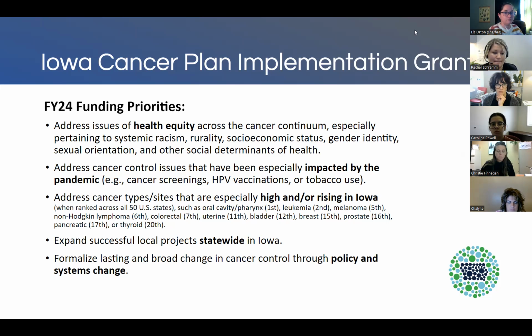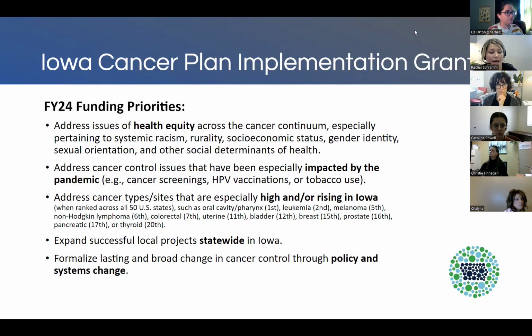The Iowa Cancer Registry just released their 2023 report that includes projections about incidence and mortality of cancer in Iowa. So the board would like to see projects that address cancer types or sites that are especially high or rising in Iowa. Some of those are listed here.